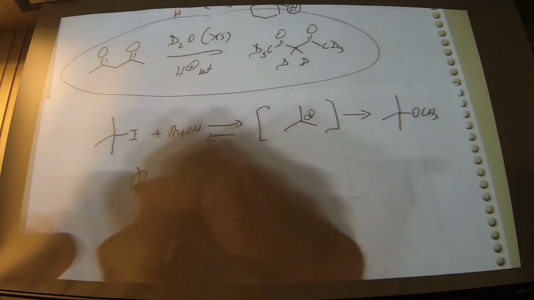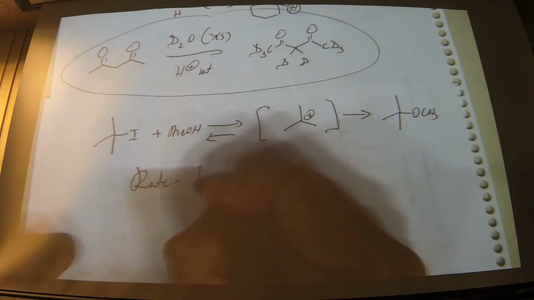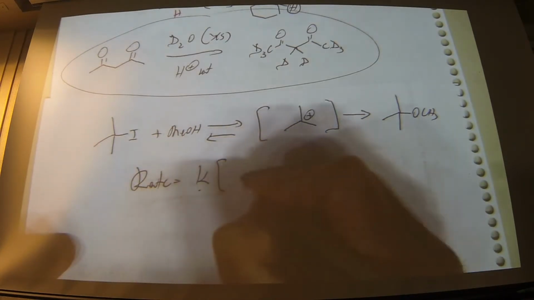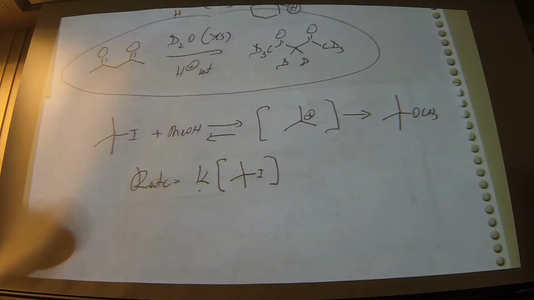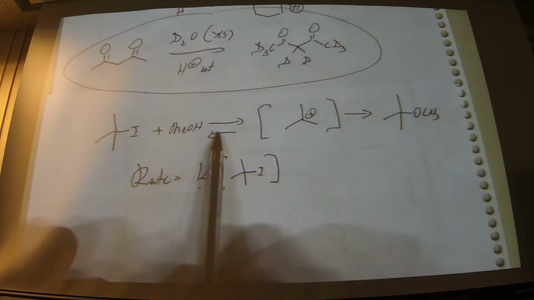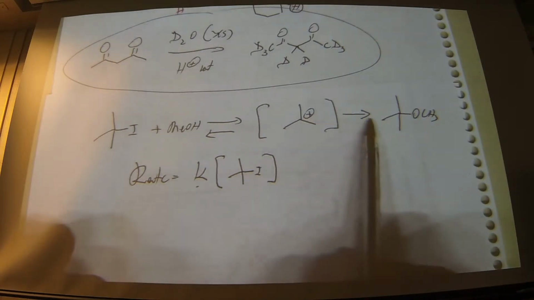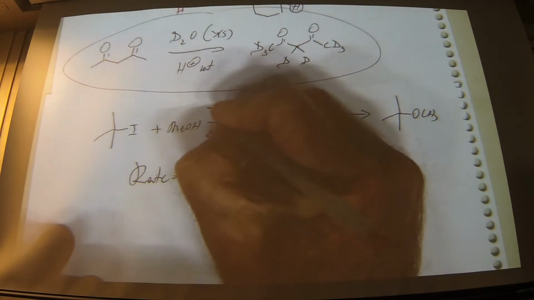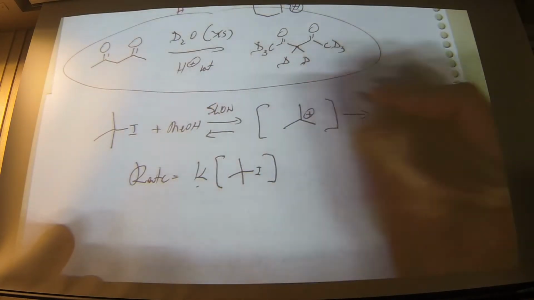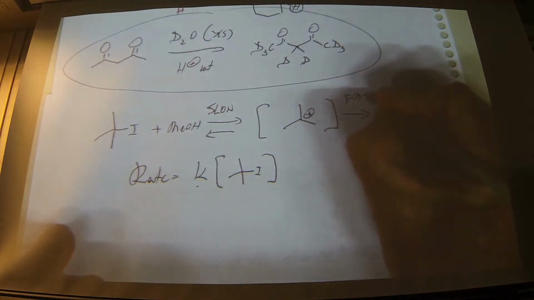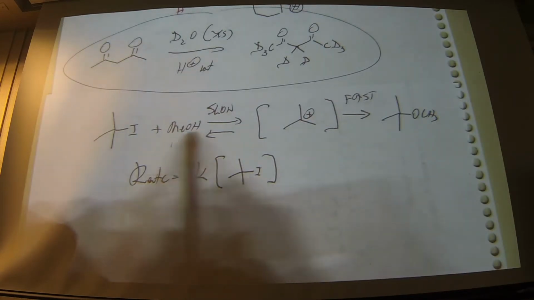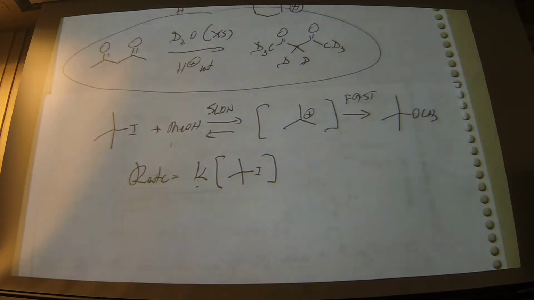Now the rate for this reaction, you will recall, was equal to some rate constant k times the concentration of t-butyl iodide. Why was that? Well, because the slow step, the rate determining step, was the formation of the cation. And the second step was fast. So the first step is slow, second step fast. And that's why the concentration of methanol here, or whatever nucleophile you have, doesn't really matter.